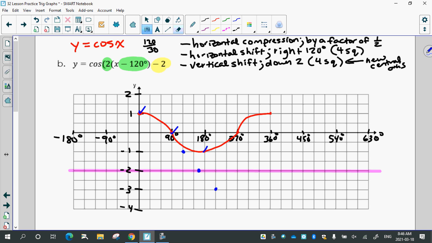Now the 270, I'm going to half its distance to the y-axis, so 270 divided by 2 is 135, which is halfway between 90 and 180. I'm going to go 4 squares to the right, down 4 squares.